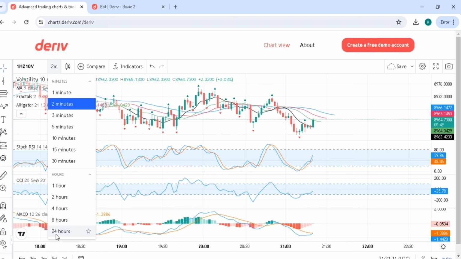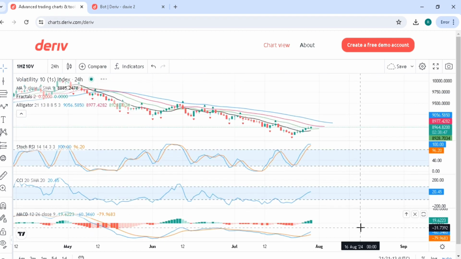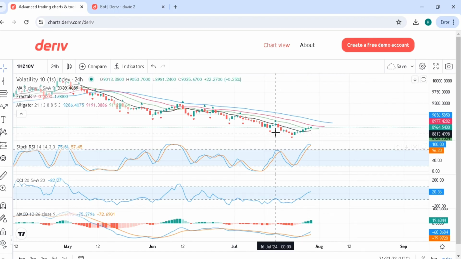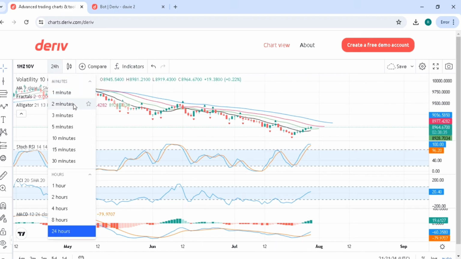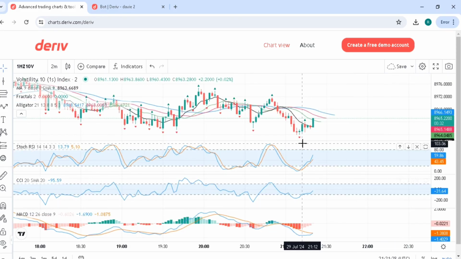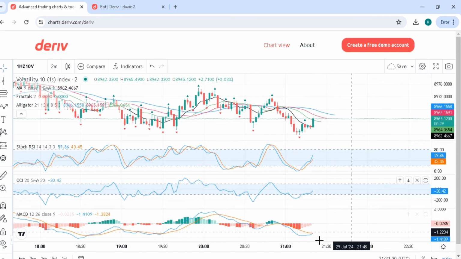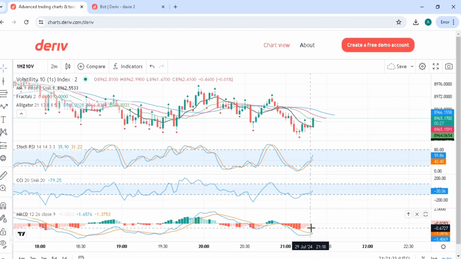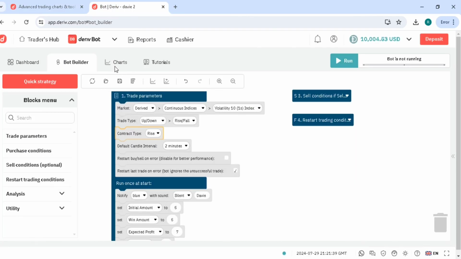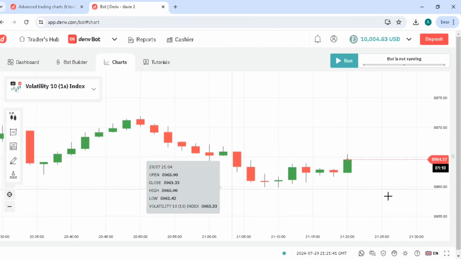In 24 hours, it's almost a ranging market, more of a rise. So in the 2 minutes we want to look for a rise like this one. If you identify that this MACD was completely red, then we would go to the charts. Let me show you how you do that.